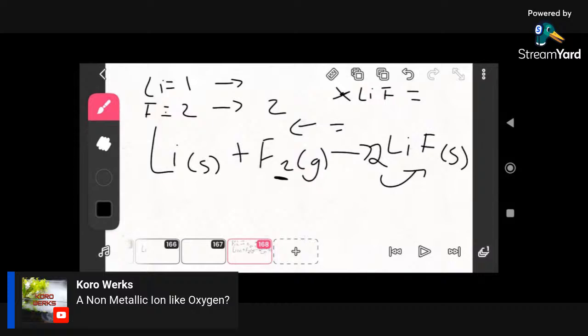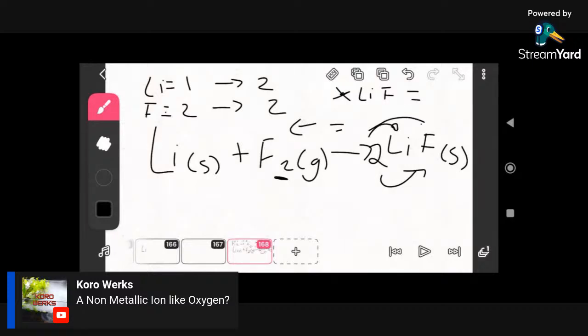And on the left side, now I have 2 lithiums, because they multiply through. You see that?